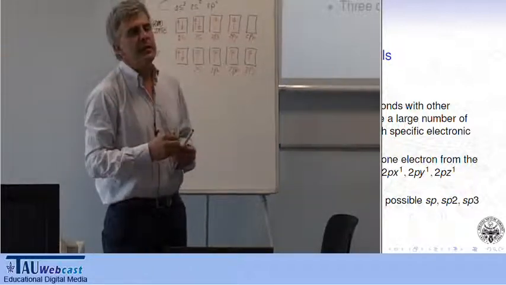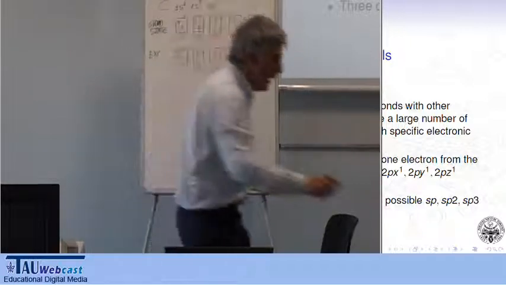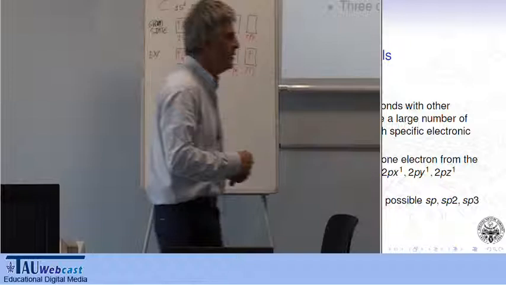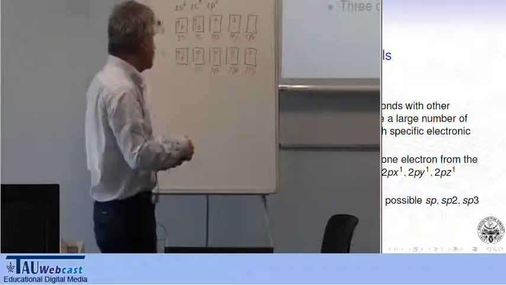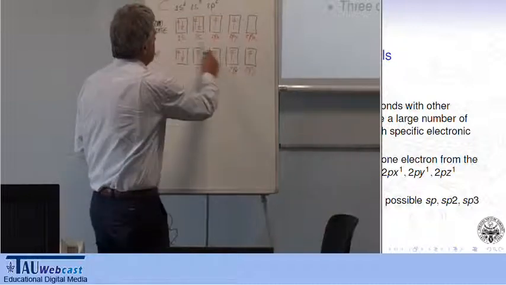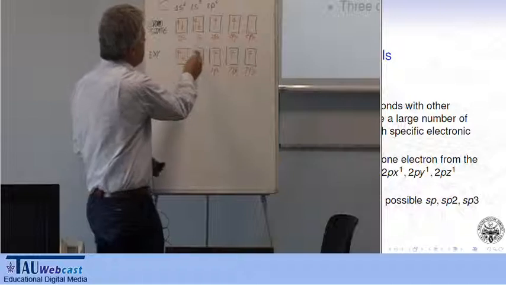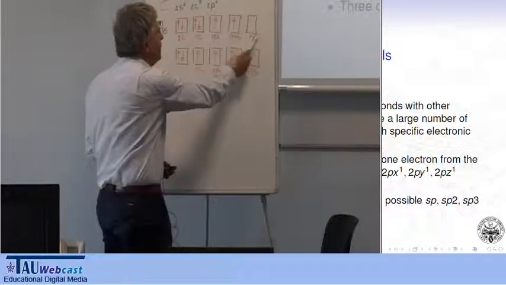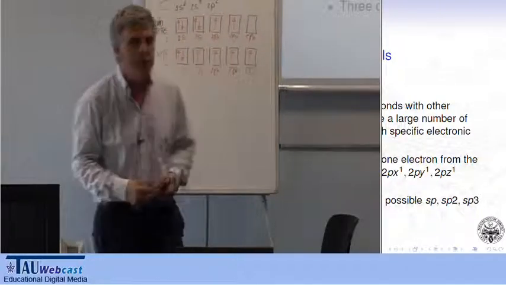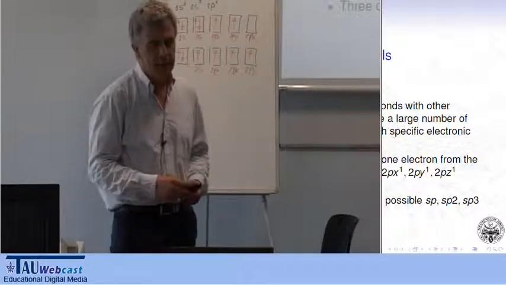But what happens is that the orbitals change when the carbon is excited, because there is an interaction between the 2s orbital and the 2p orbitals, producing new orbitals called hybridized orbitals.